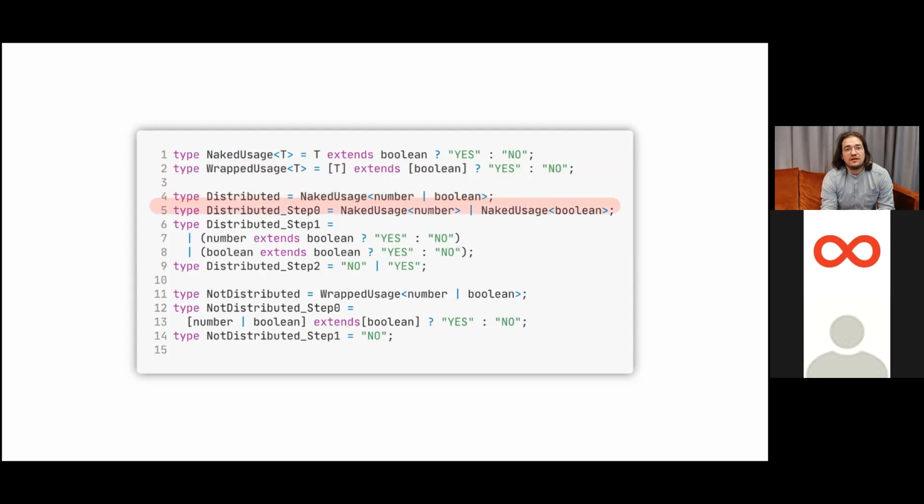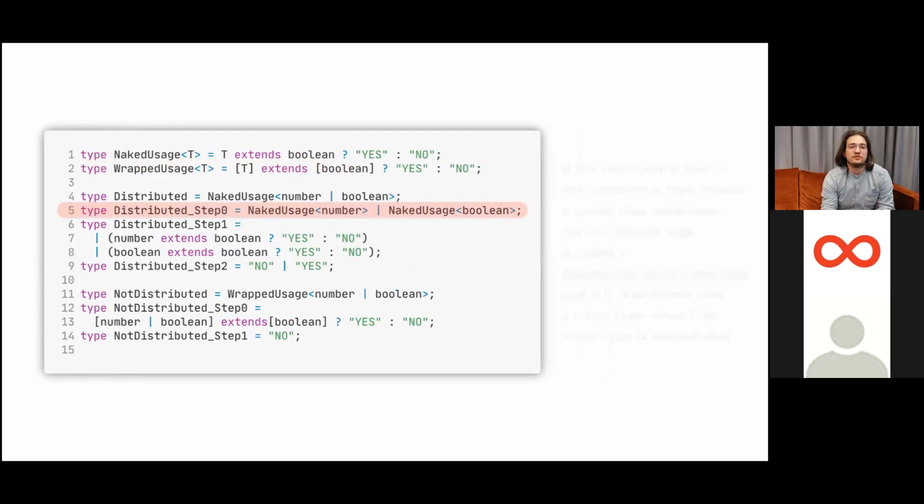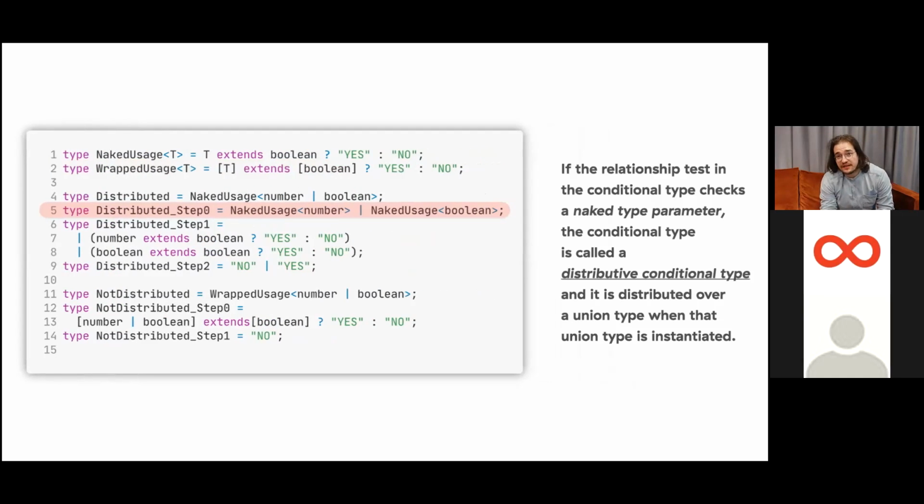So if we have a naked type parameter and the type parameter is a union of types, we know from the definition now that we can distribute this generic over each member of the union. If the relationship test in the conditional type checks a naked type parameter, which is our type parameter T, the conditional type is called a distributive conditional type, and it is distributed over a union when that union type is instantiated.